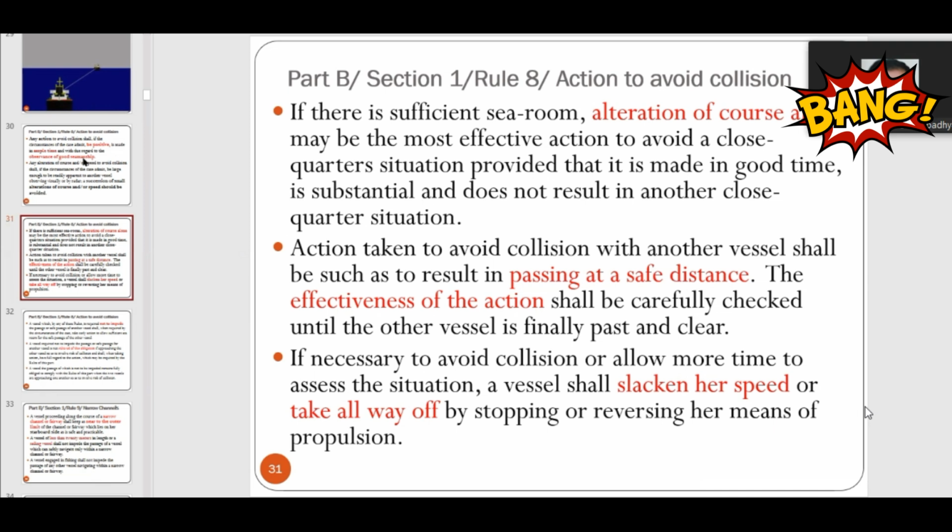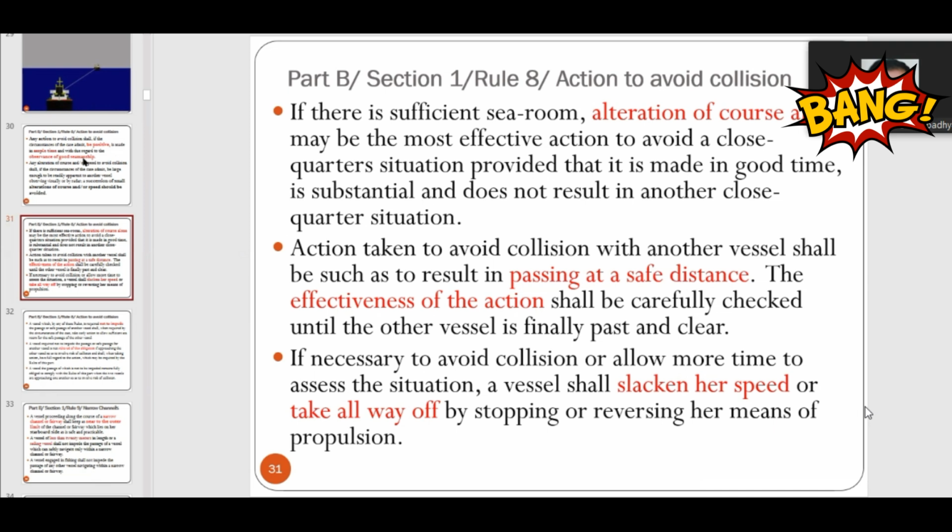So the action that you have taken, by maintaining safe speed and safe distance, is a positive action, and you also check the effectiveness of the action when the vessel has finally passed and cleared. So as a whole, if you put it in whichever way you want, it means one and only one thing, that action.